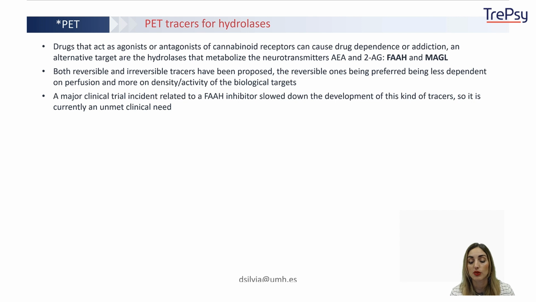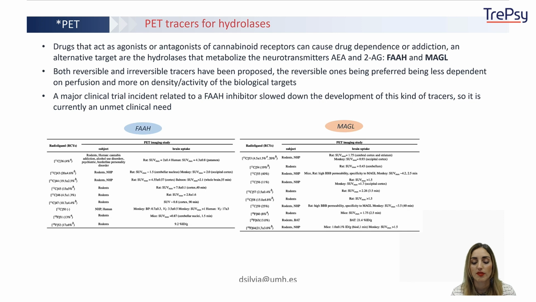However, especially as regards FAAH, there was a major clinical trial incident related to an FAAH inhibitor, which slowed down, actually almost stopped, the development of this kind of tracer, so it's currently an unmet clinical need. Again, this is from the same review, a list of the main PET tracers that have been proposed in the literature addressing these two enzymes.